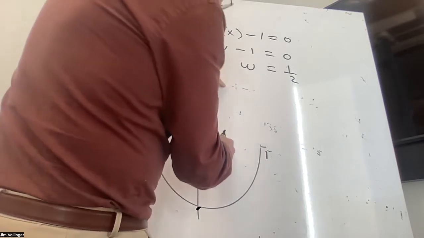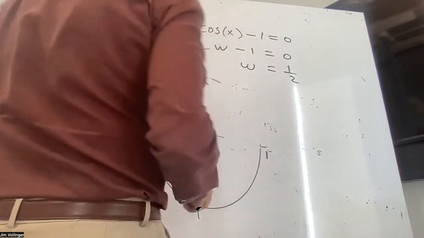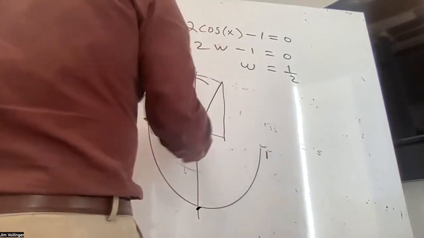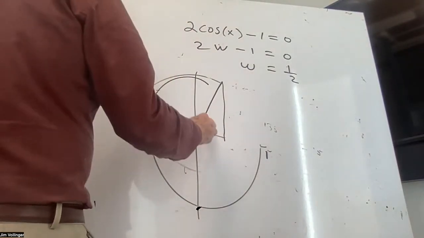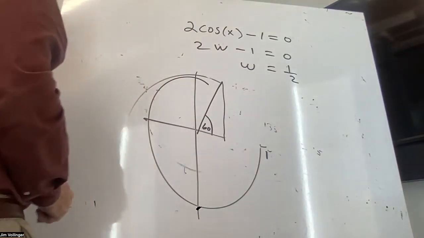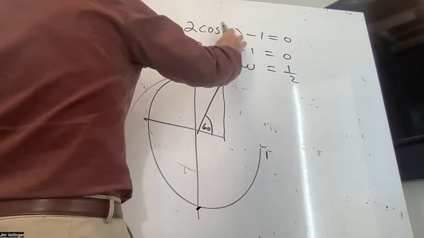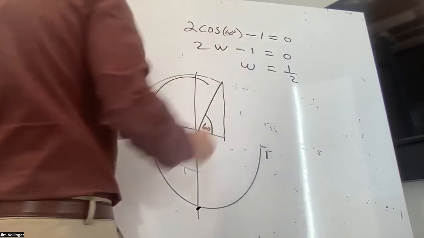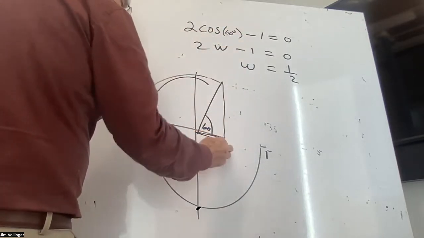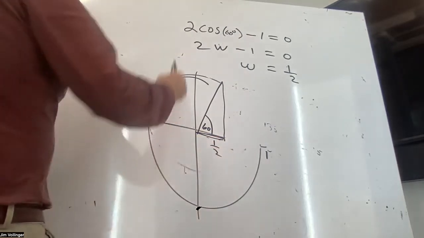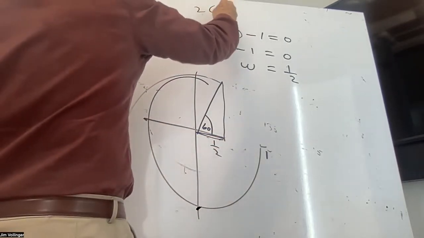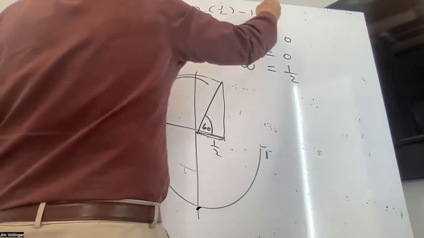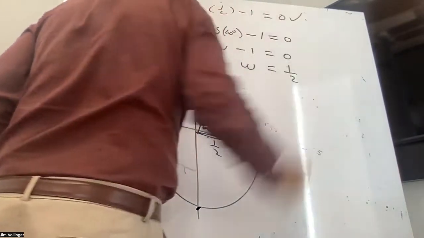Right there. So I got to connect that, bring it down, and I can see that that's a 60-degree angle. And 60-degree angle right here. 60 degrees gives me that distance, and that distance is a half. And 2 times a half is 1, and 1 minus 1 is 0, and boy, I like that.